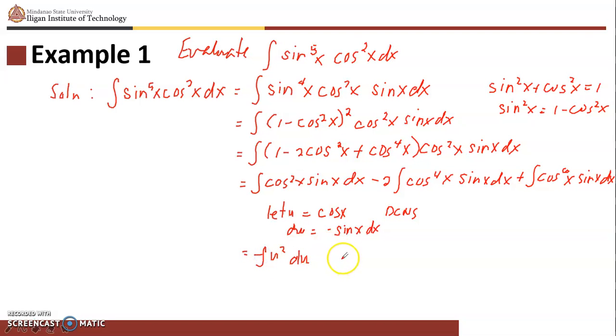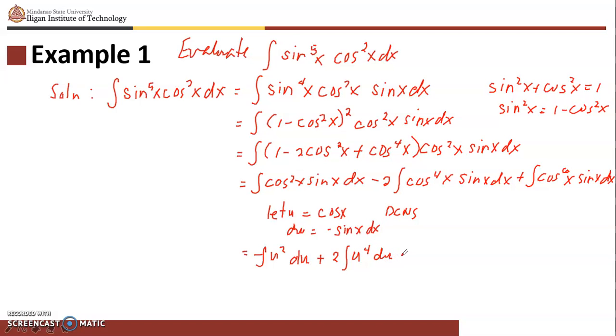Then minus 2 cosine to the fourth x sine x dx. That should give us plus 2 times cosine to the fourth, so that is our u to the fourth, times sine x, that is our du.